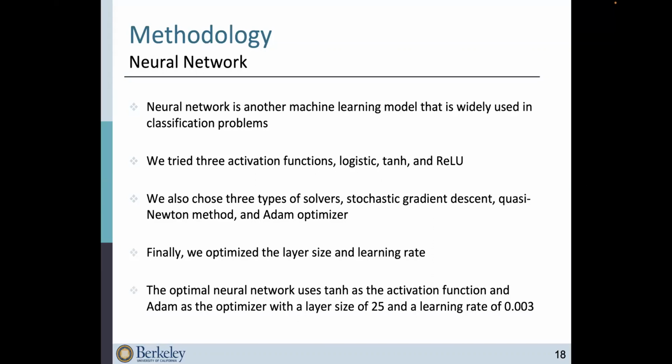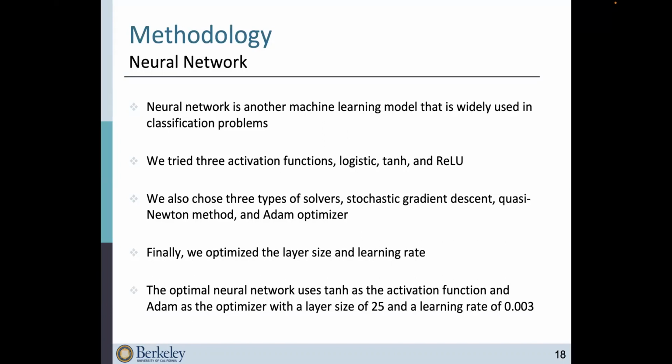And then we use a neural network. It's another machine learning model that is widely used in classification problems. We try 3 activation functions: logistic, tanh, and ReLU. And we also choose 3 types of solvers: stochastic gradient descent, the quasi-Newton method, and the Adam optimizer.